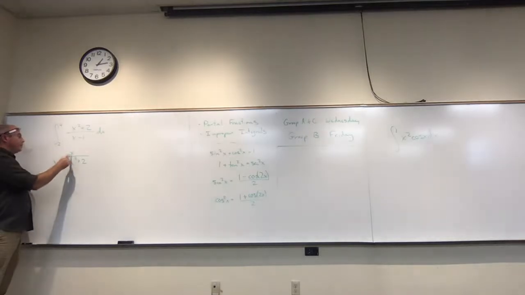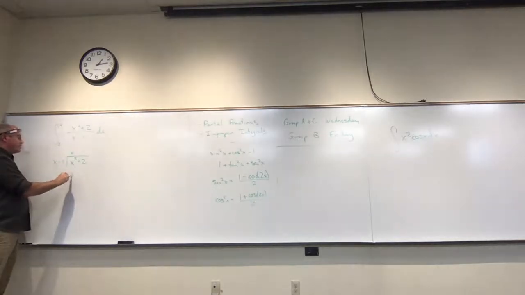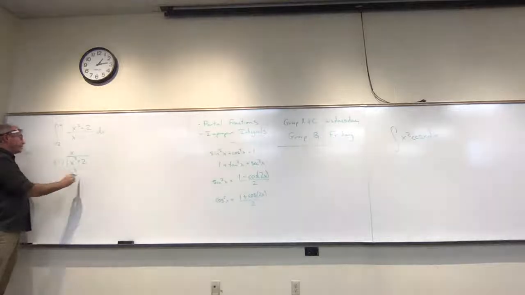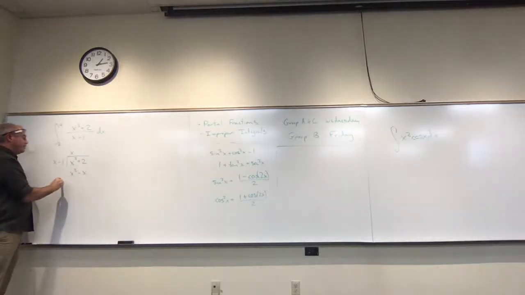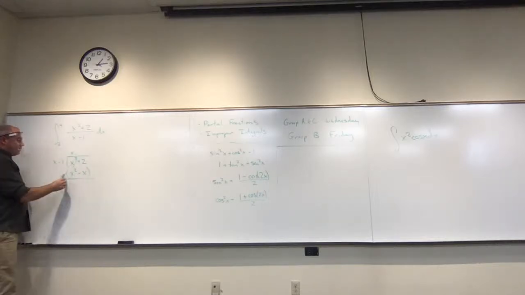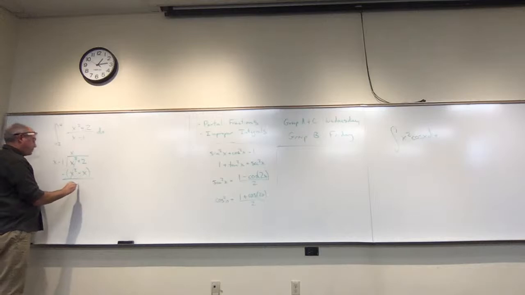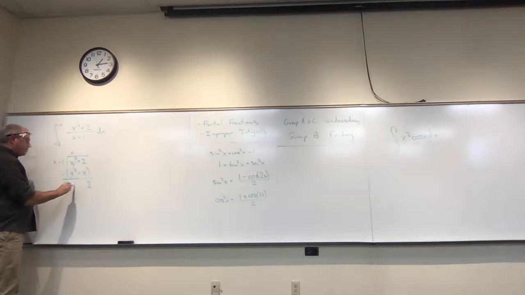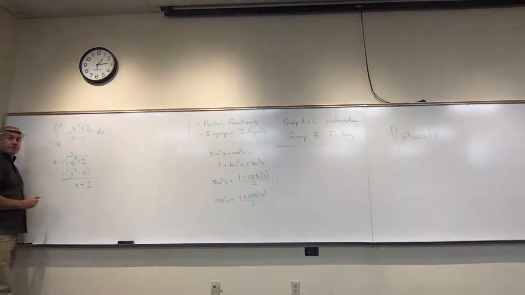Then I multiply: x times x is x squared, x times minus 1 is minus x. Then I subtract, and x squared minus x squared is 0, and I get positive x, and there's going to be a 2, so I get x plus 2 left over.